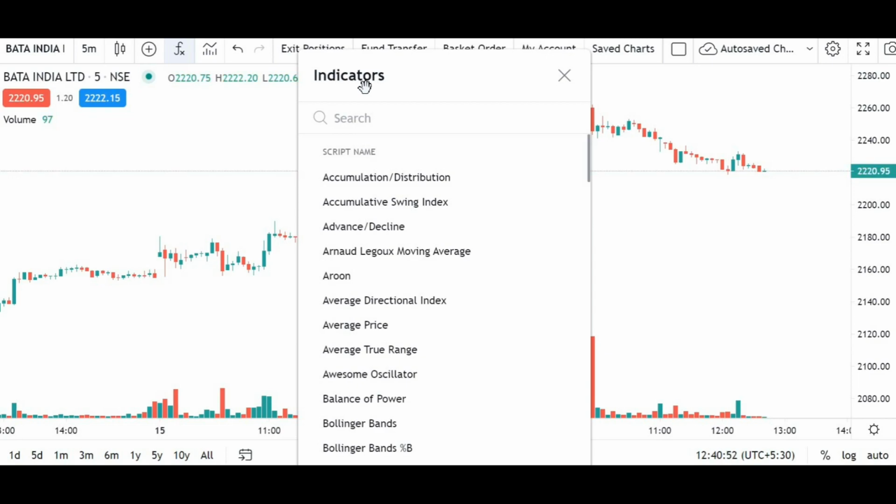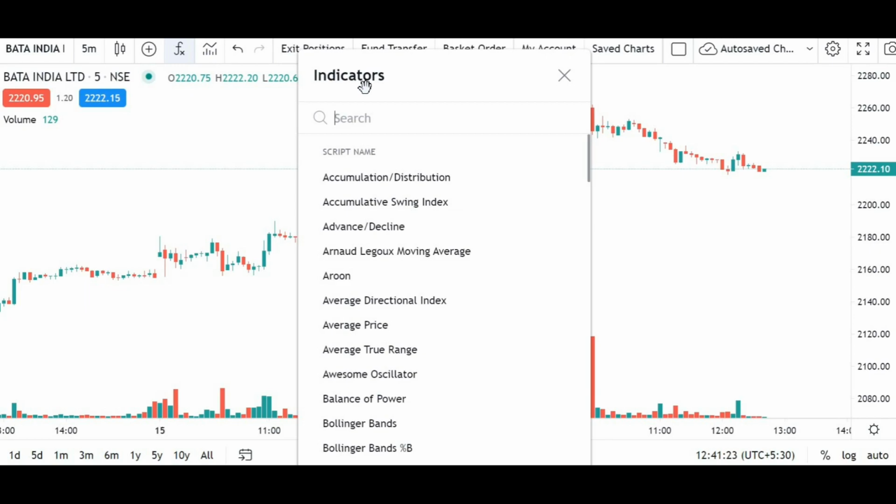Indicators can also provide specific market information, such as when an asset is overbought, oversold, or in a range, or it may be reversal, or it may be sideways. So from the indicators, we can get all these things: overbought zone, oversold zone, reversal zone, sideways area, everything you can get with the help of indicators.